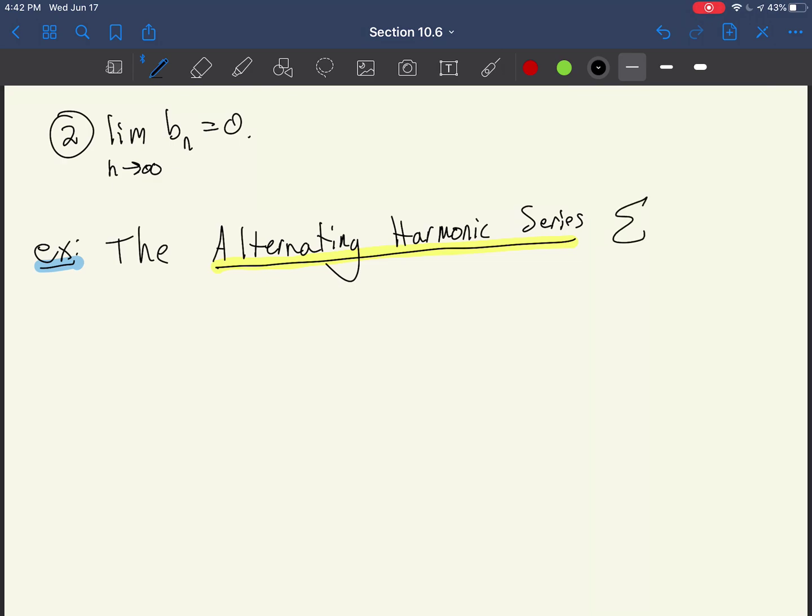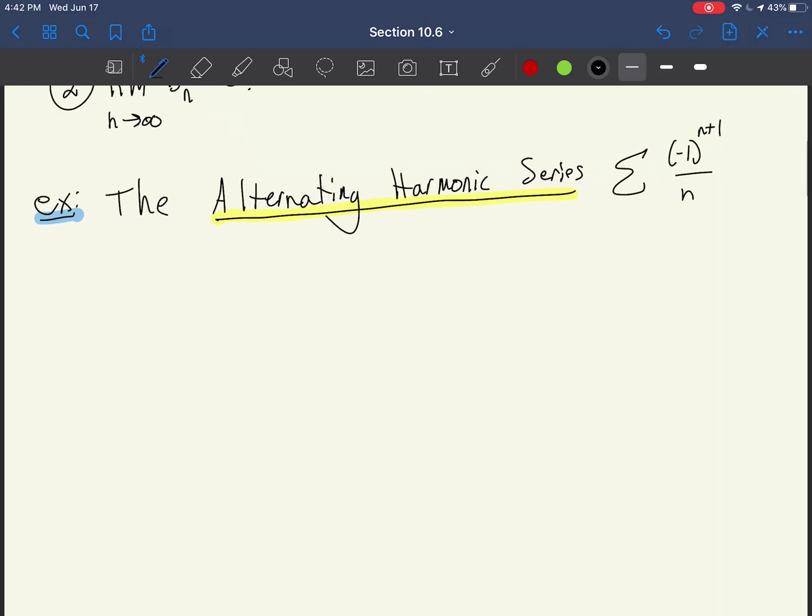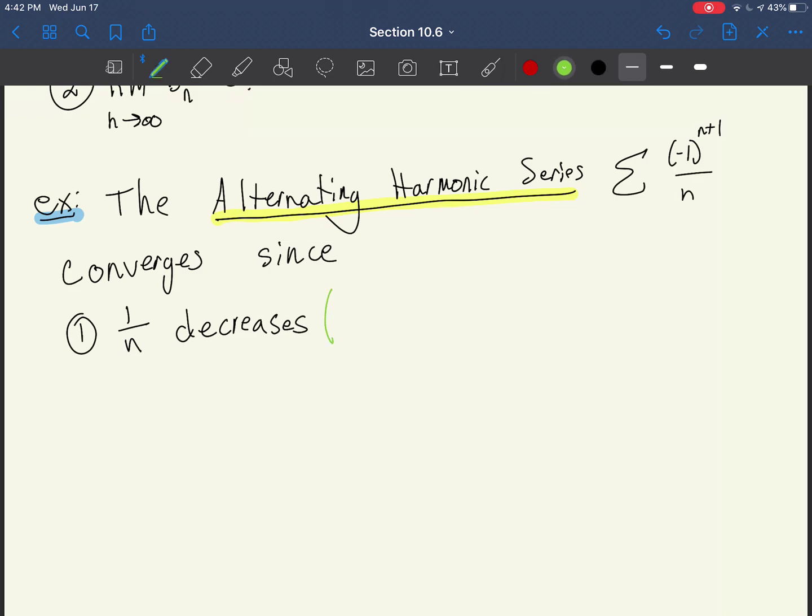So the harmonic series was the sum of 1 over n. The alternating harmonic series is the sum of negative 1 to the n plus 1 over n. So the alternating harmonic series converges, unlike the harmonic series, which diverges, since 1 over n decreases.